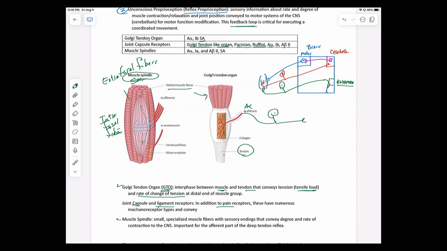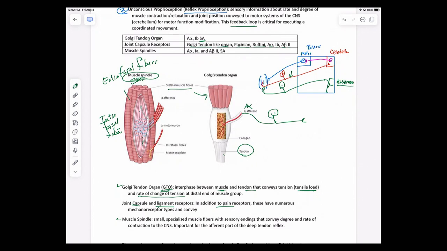So as far as information regarding what the muscle is doing, the only way the muscle can communicate back to the central nervous system, and now I'm talking about that neuron right there, is that it has these sensory endings that are associated with the muscle spindle itself. These muscle spindles can also contract, and they contract in tandem with the extrafusal fibers.